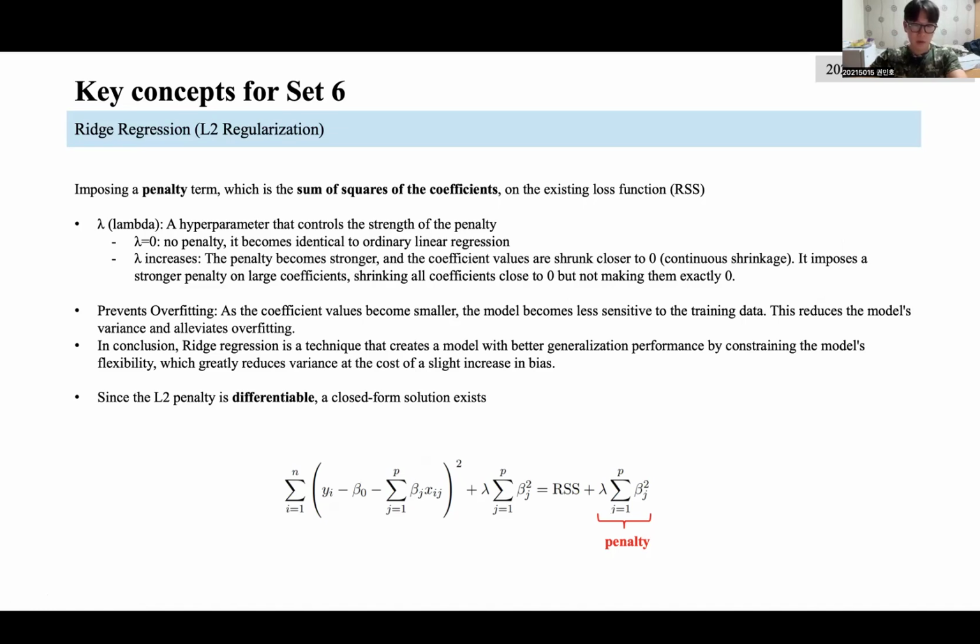As lambda increases, all coefficients are smoothly shrunk towards 0, but never exactly 0. This shrinkage makes the model less sensitive to noise in the training data, reducing variance and preventing overfitting. That's the bias-variance trade-off. Also, since the L2 penalty is differentiable, it has a simple closed form solution, making it efficient to compute.